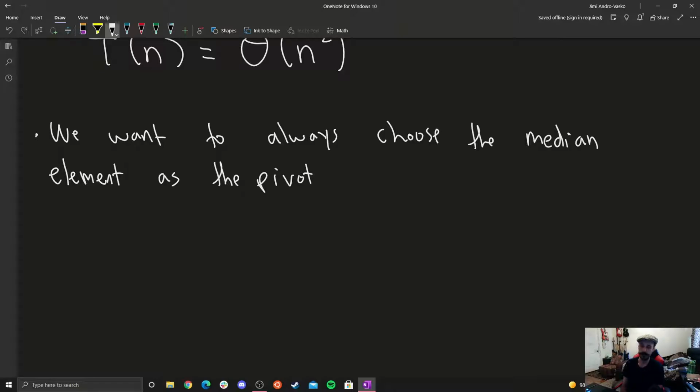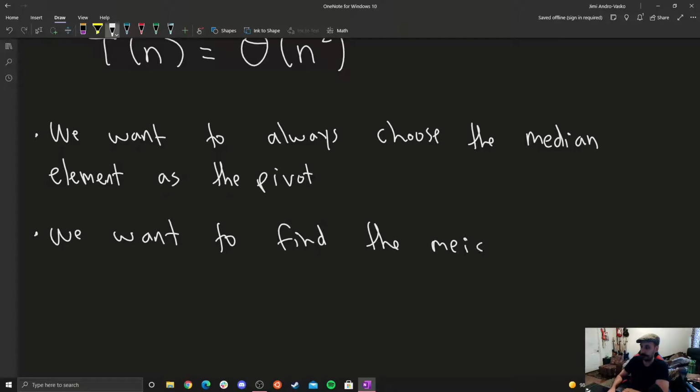So the idea is we want to find the median in O of n time. I didn't say theta because if we can find it faster than n time, that's also okay.